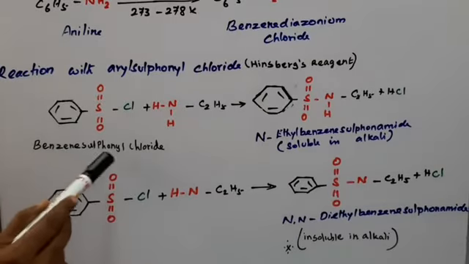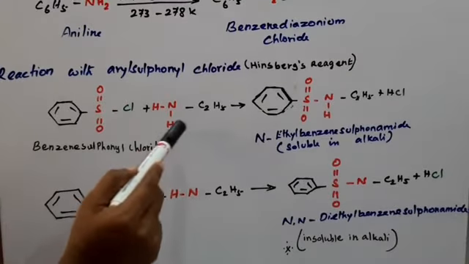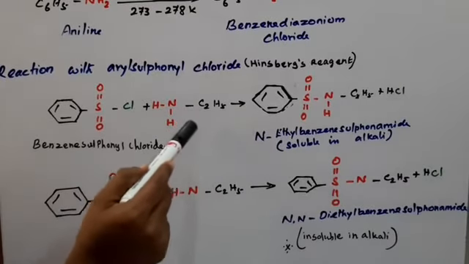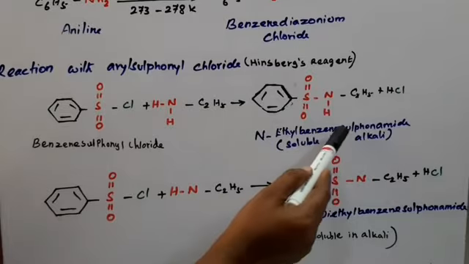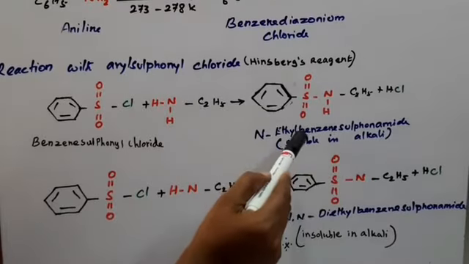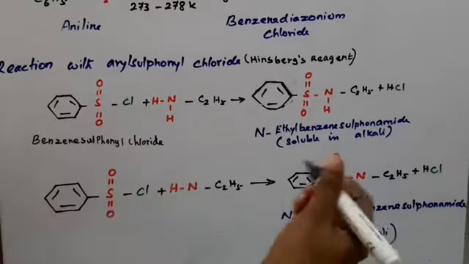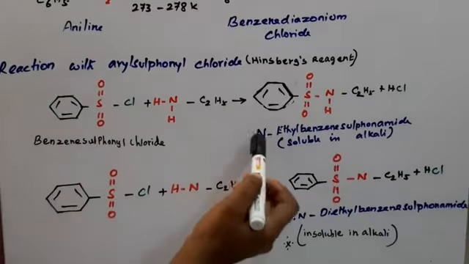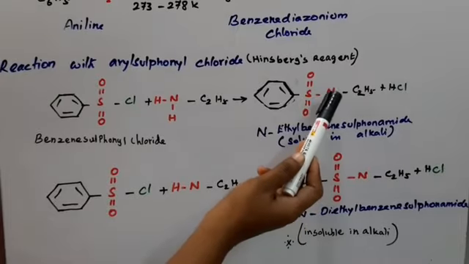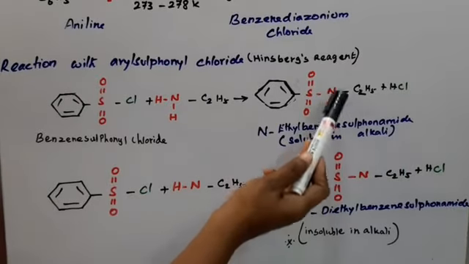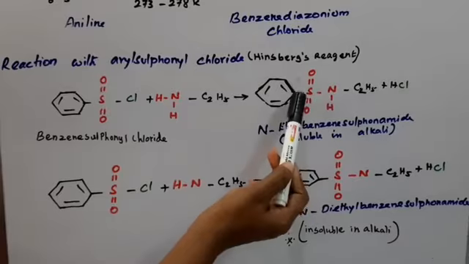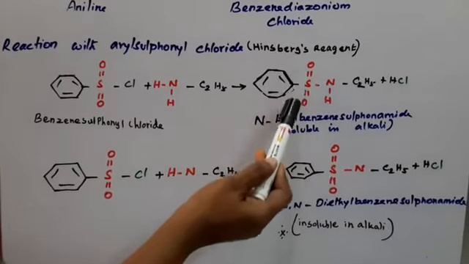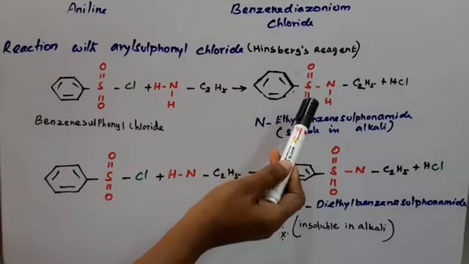Benzene sulfonyl chloride, the Hinsberg reagent, reacts with a primary amine, ethanamine, to form N-ethyl benzene sulfonamide plus HCl. You see here the nitrogen contains hydrogen. The SO2 group especially gives an acidic property.